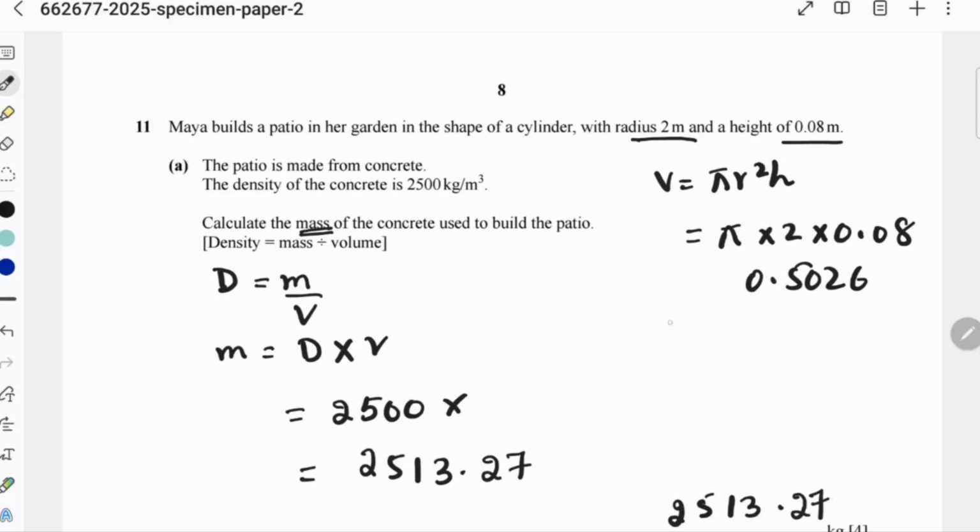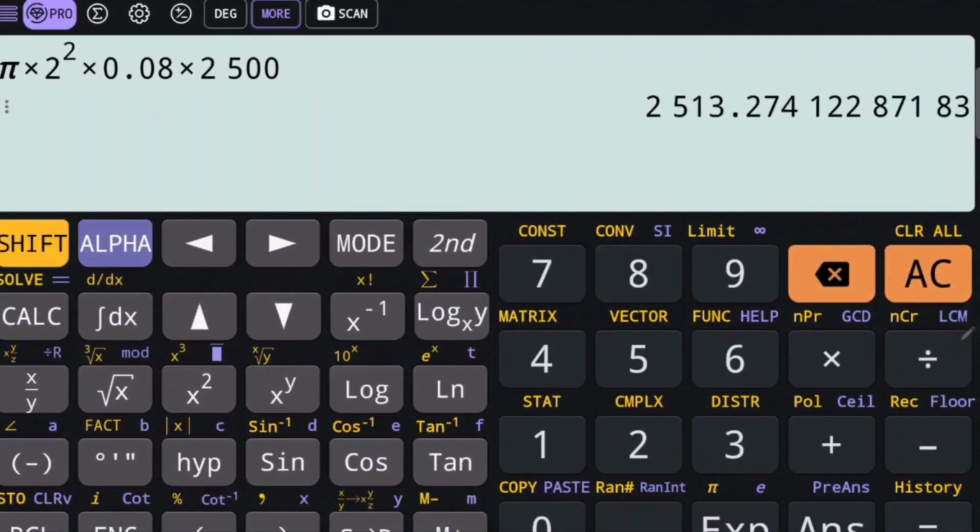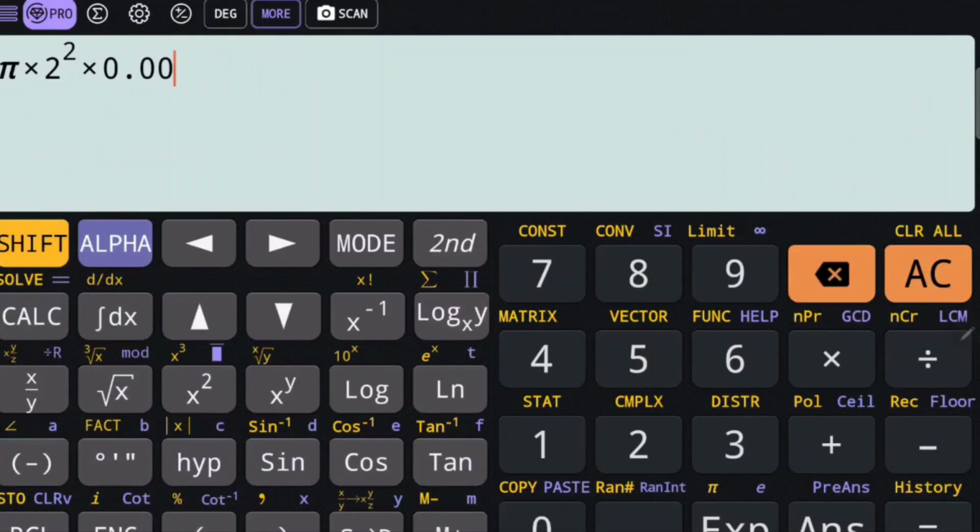Okay, this number we are going to find out by pi r square h.